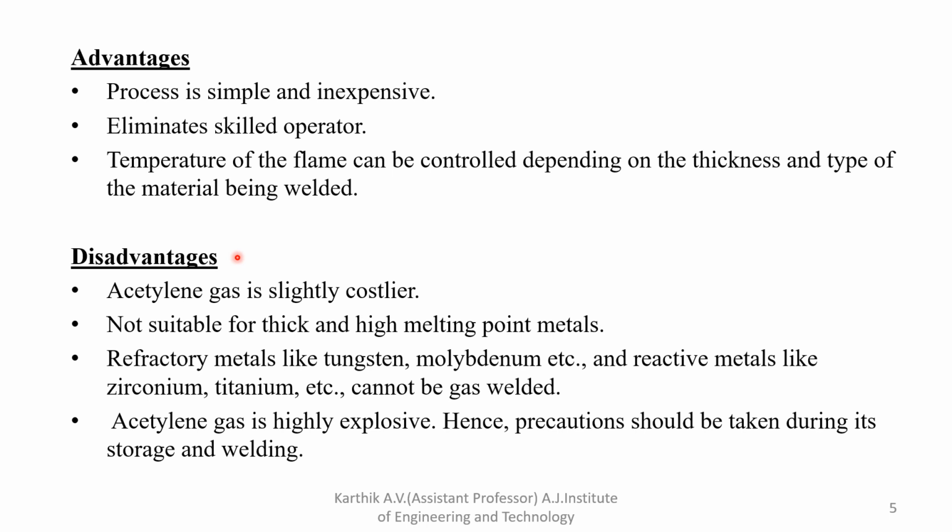Refractory metals like tungsten and molybdenum, and reactive metals like zirconium, titanium, etc. cannot be gas welded. Okay, acetylene gas is highly explosive. Hence, precaution should be taken during storage and welding. These are the disadvantages of the gas welding process.